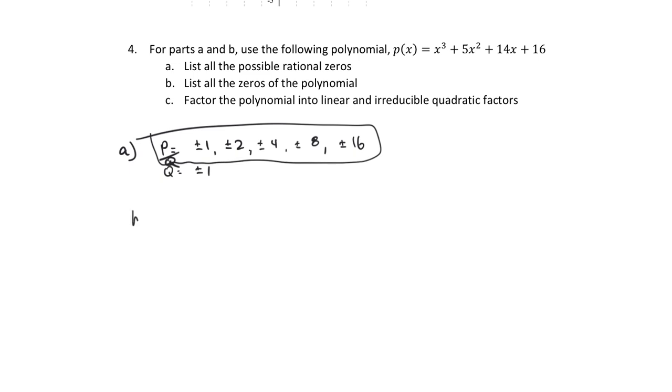Part B is now we need to find all the zeros of the polynomial. These are going to be found using synthetic division. So I'm going to start with positive 1 and use the coefficients of P of x. It looks like that won't work.